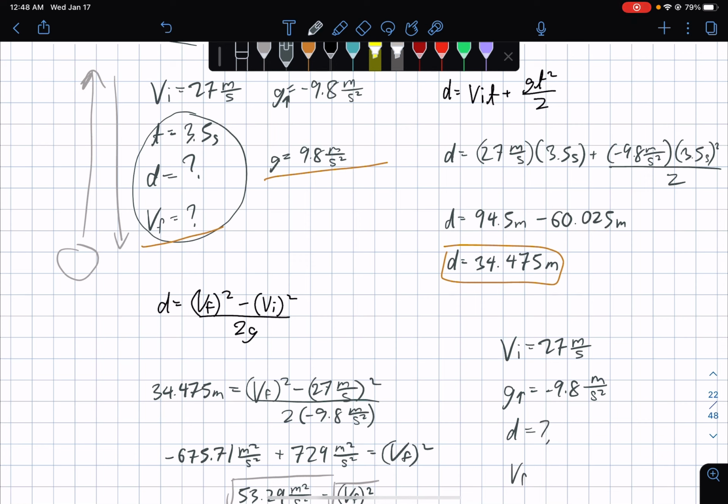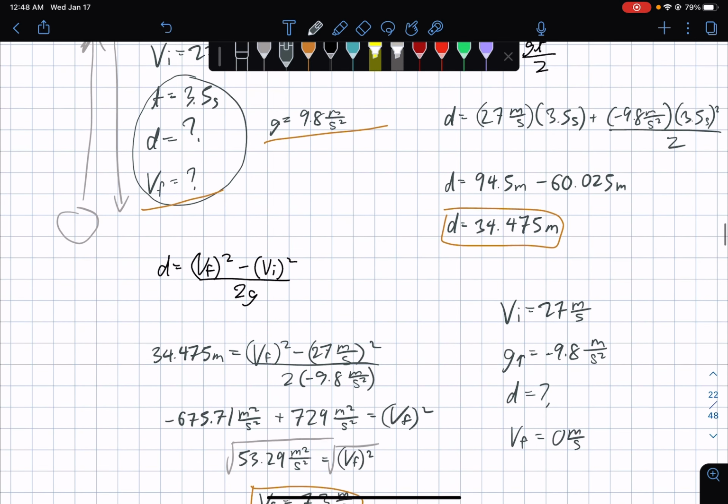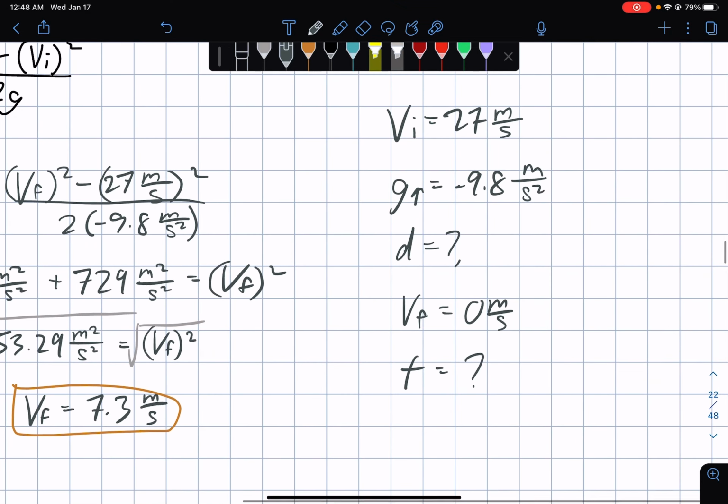Our Vf is also missing. No, it's already given as 0.0 meters per second. The time we don't know. I think we have everything. What else do we do? Right, we look for the distance.